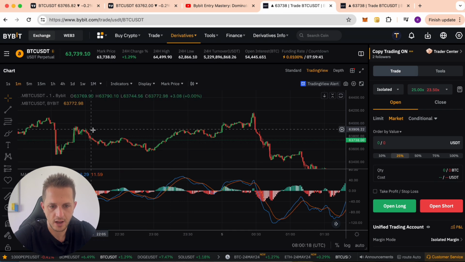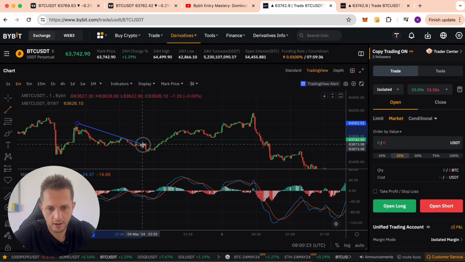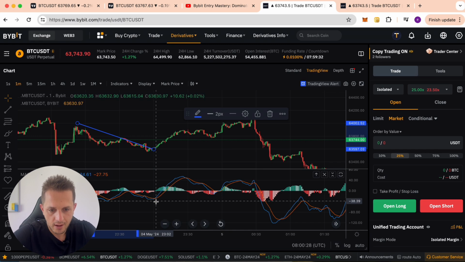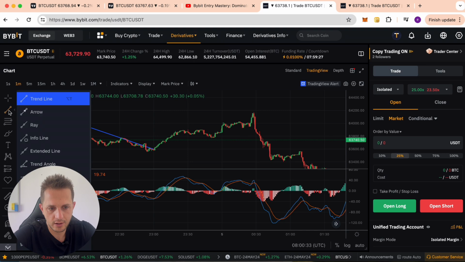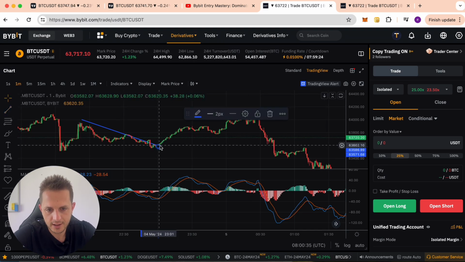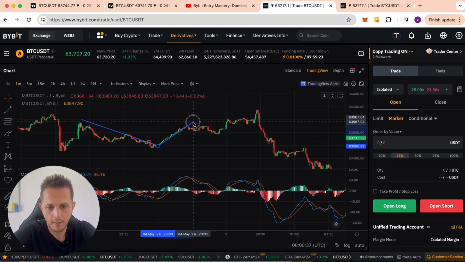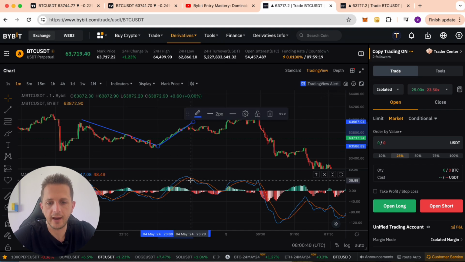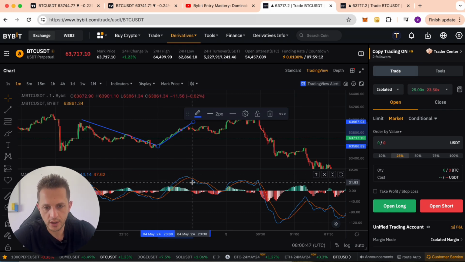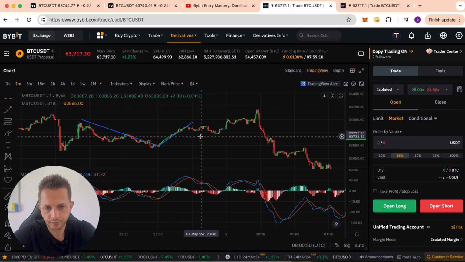Because as you can see, we were going down here, but then the blue line crossed the orange line, and what happened? It started to go up. And then once again we had another crossing, the blue line went below the trigger line, and here it's going down again.